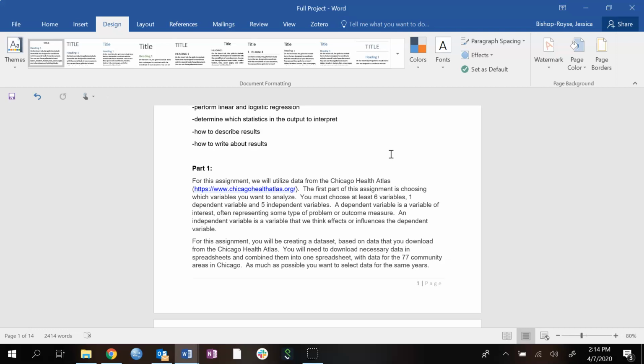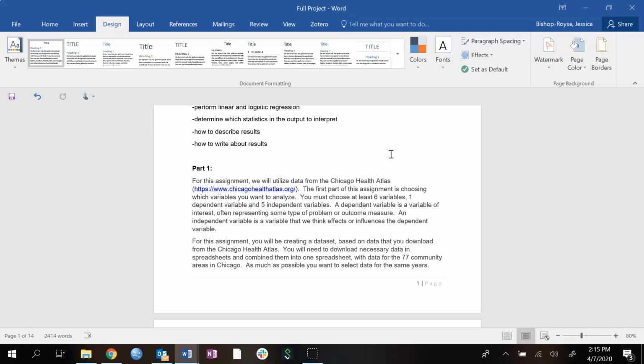So, for example, if you're interested in the infant mortality rate of community areas in Chicago, then you might say, I'm interested in the percentage of the community area that does not have a high school degree. That might be a variable that I think is related. Community areas with lower levels of residents with high school degrees might have higher infant mortality rates.